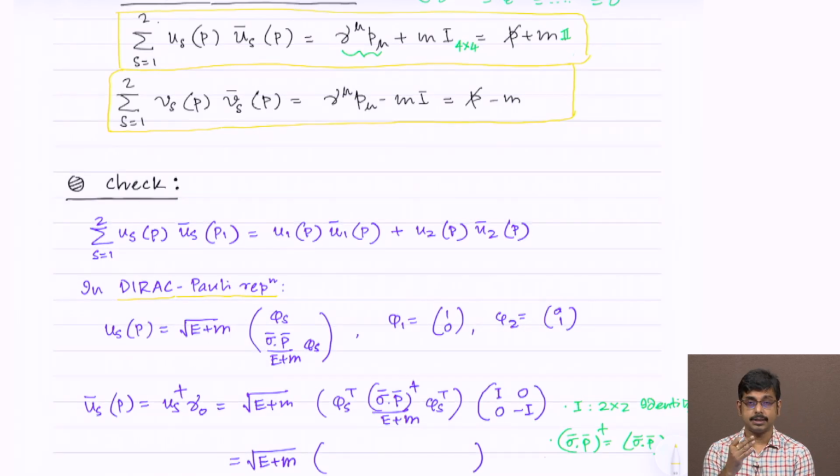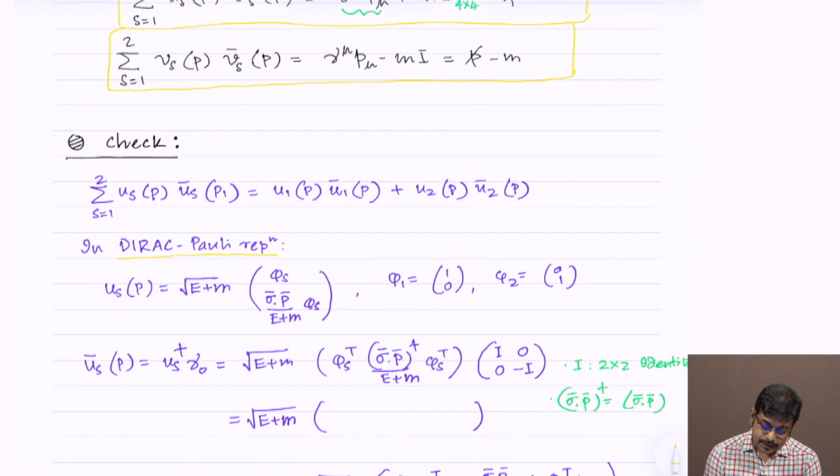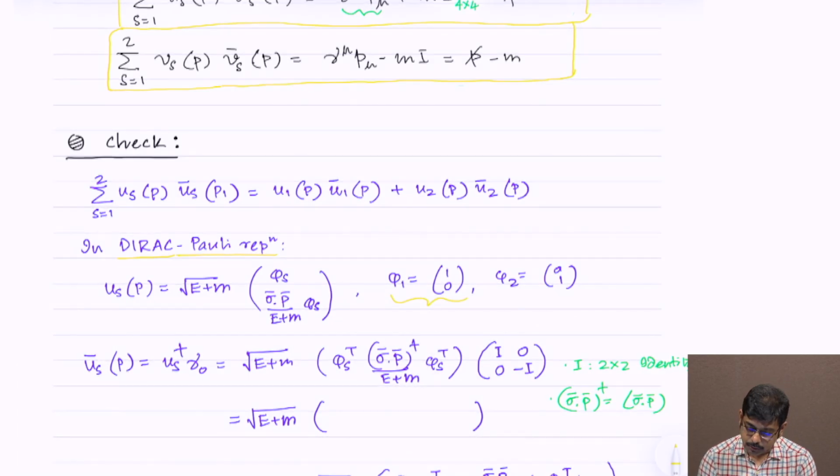You remember these forms, or if you do not remember, you go back to your earlier lectures and find out that U_s(P) was essentially square root of E plus M times phi_s over sigma dot P by E plus M phi_s, where phi_s can take two possible values. One is phi_1, which is (1 0), and the other is phi_2, which is (0 1). So, this will give you U_1(P) and U_2(P). This is what U_s(P) looks like.